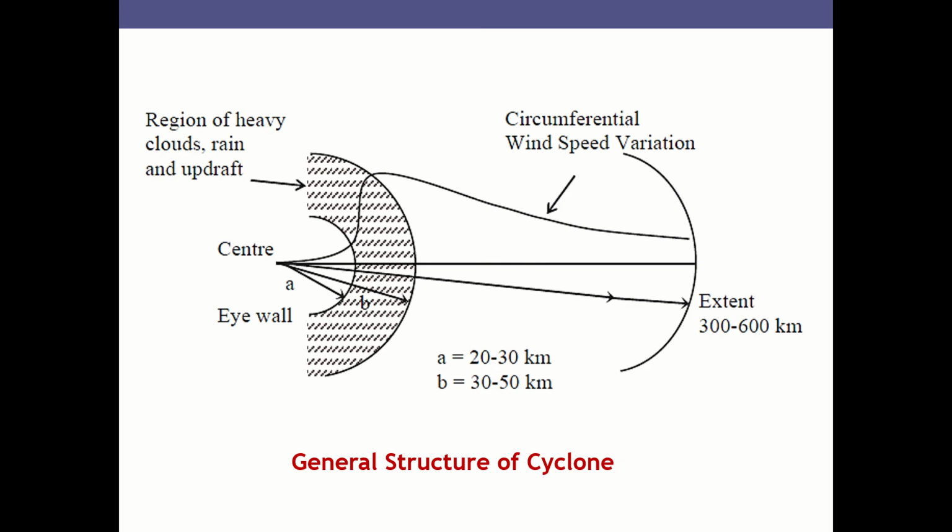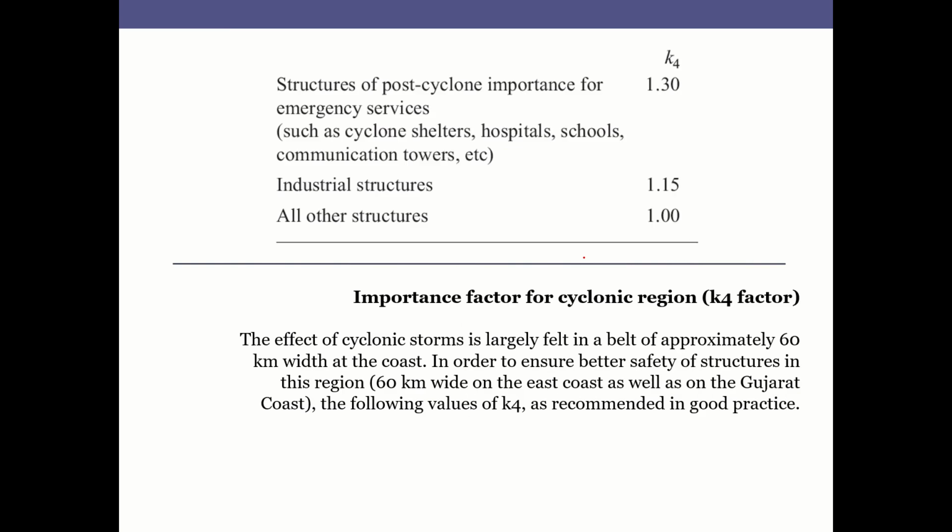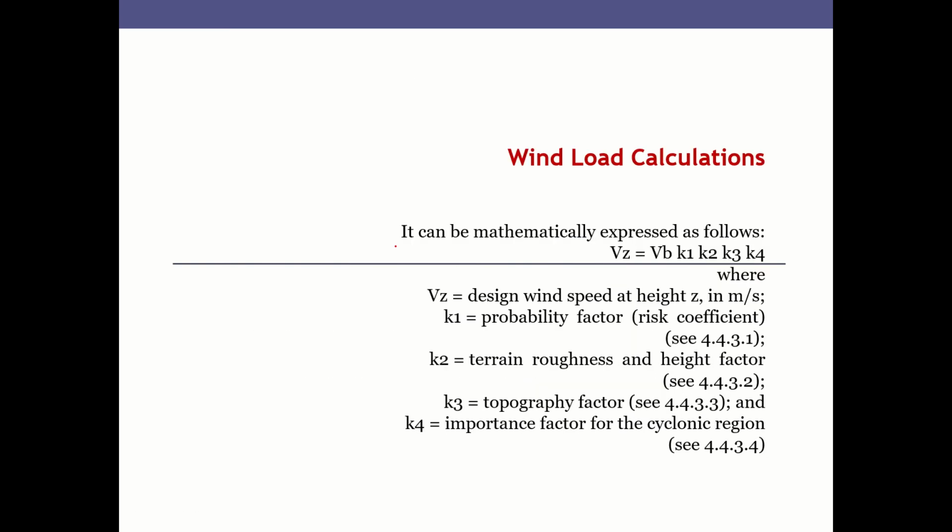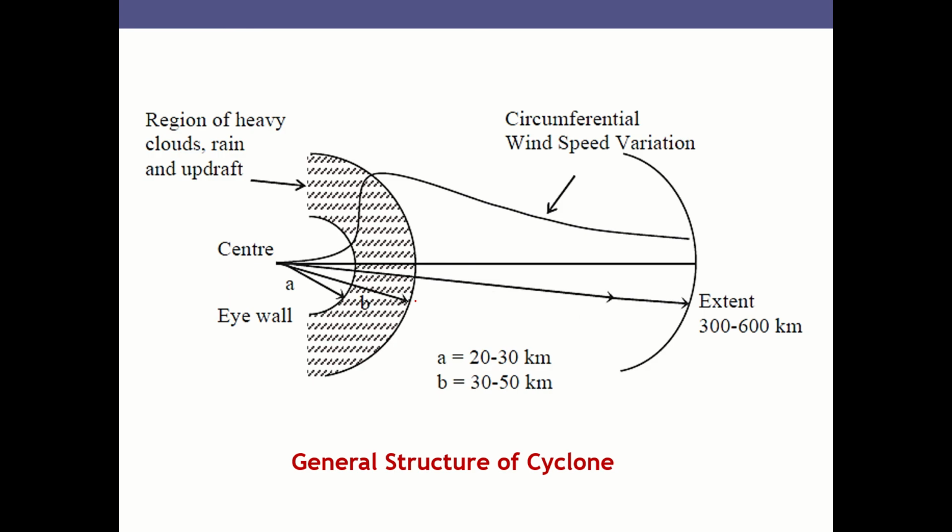Now, this is about wind load calculations at the building level, but the major focus of this subject is on the broader aspect: how this wind is seen from a cyclone perspective.